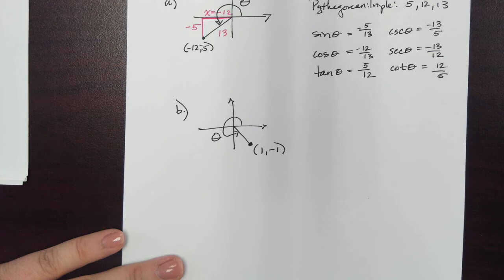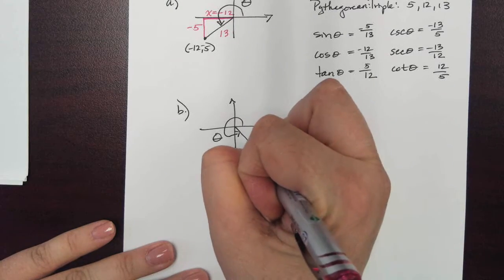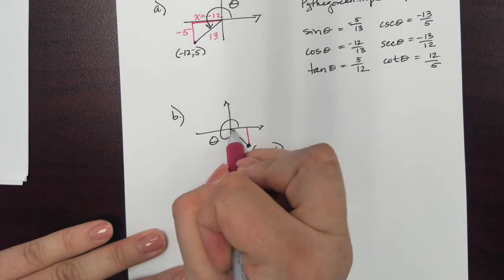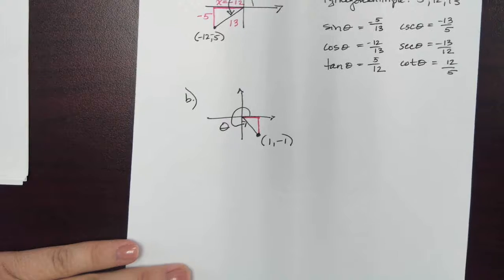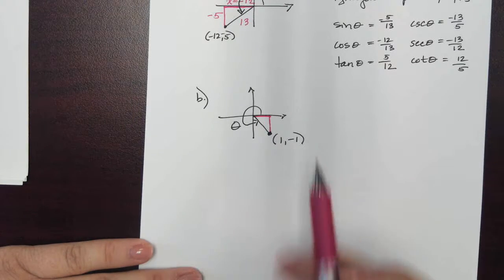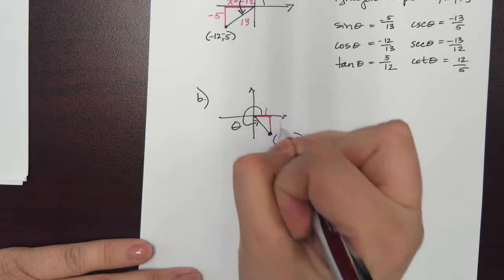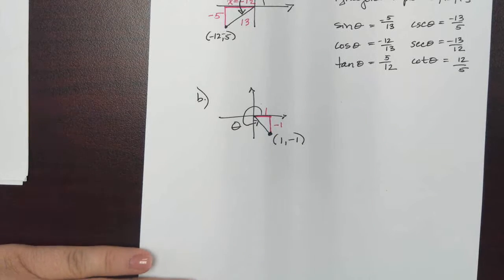I'm going to draw my triangle, draw up to the x-axis, and draw along the x-axis. What are my sides? Which leg is which? X equals 1, and this is negative 1. What is my hypotenuse?